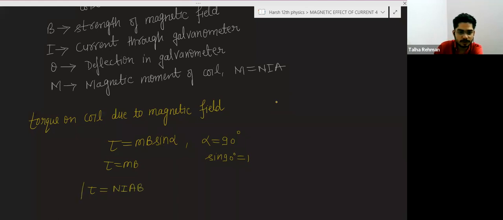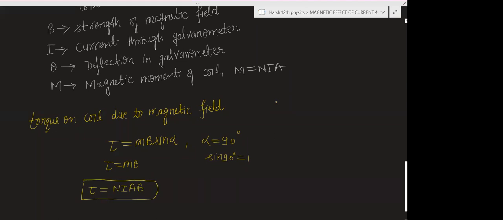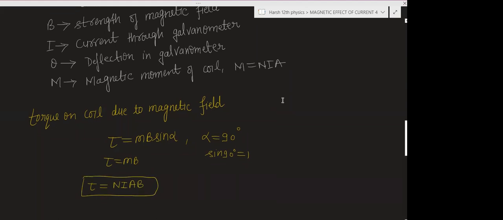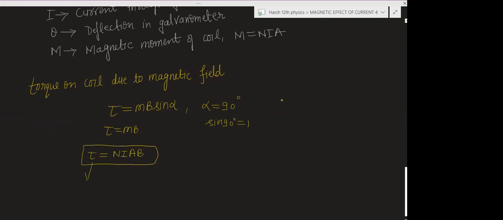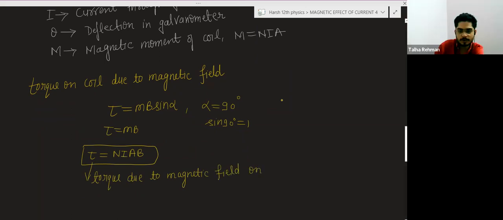So this is your torque due to the magnetic field on the coil.